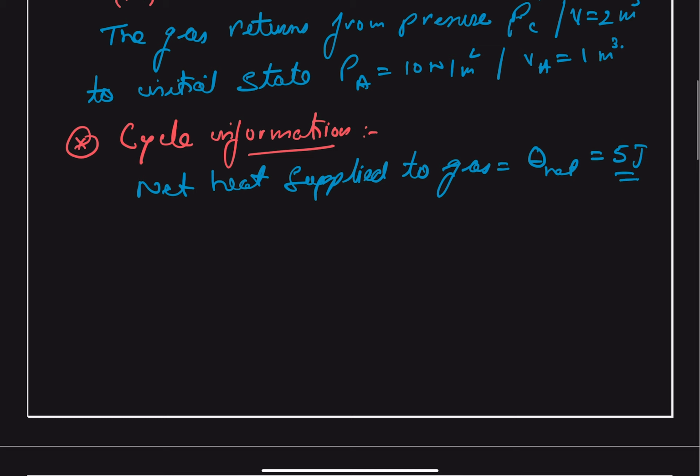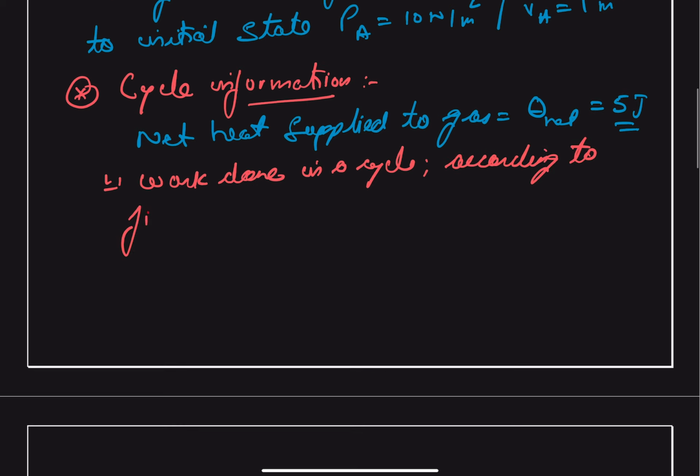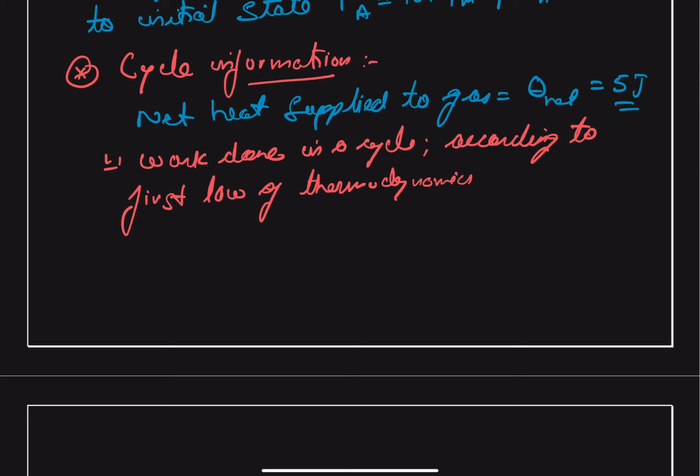So Q net is equal to work done net, and from here our work done net will also be equal to 5 joules.